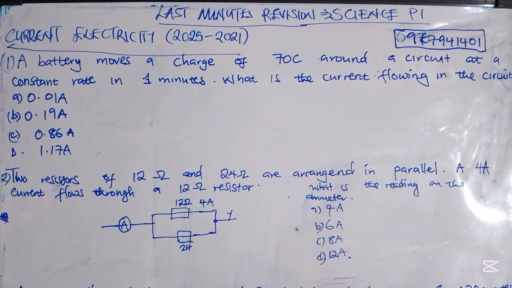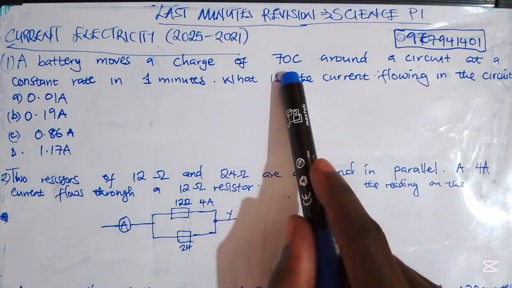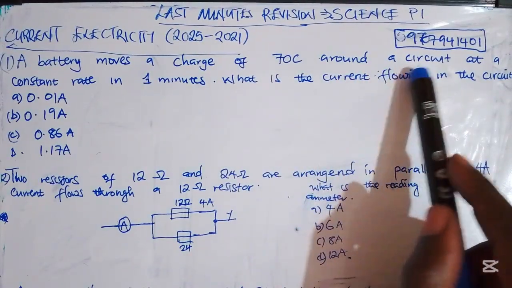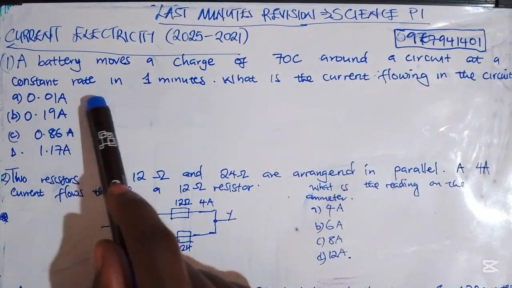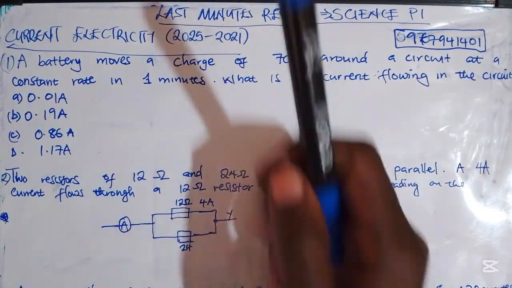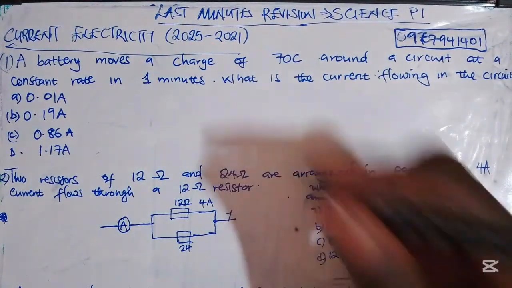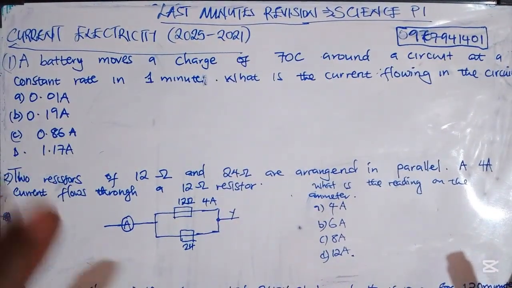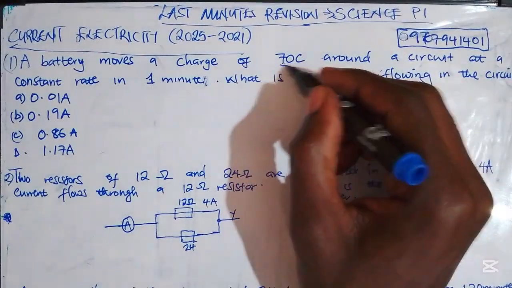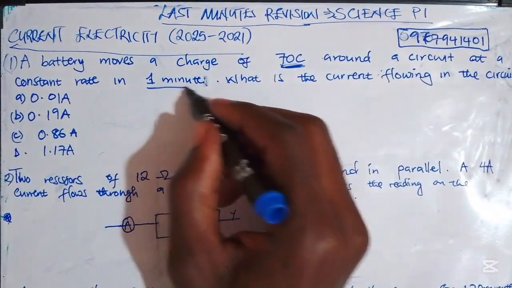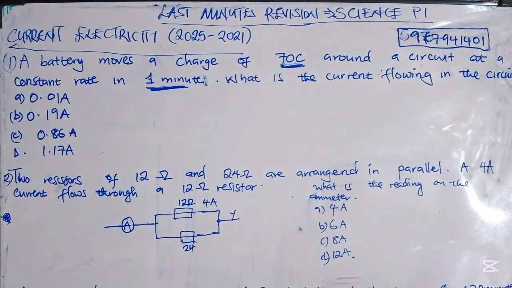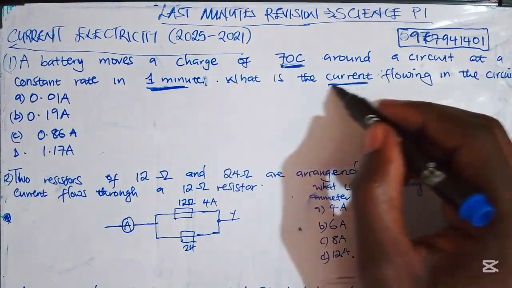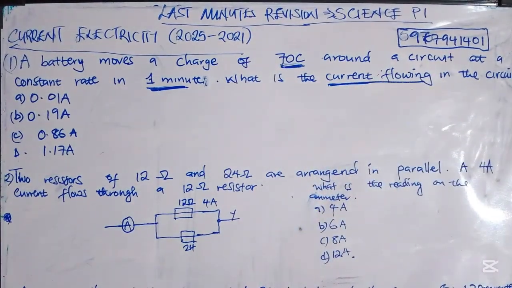To begin, the first question says a battery moves a charge of 70 coulombs around the circuit at a constant rate in 1 minute. What is the current flowing in the circuit?